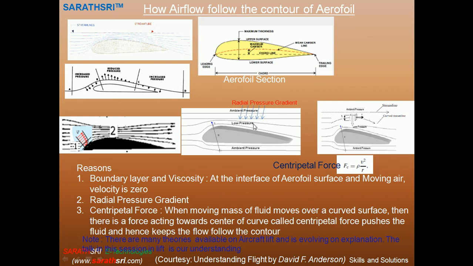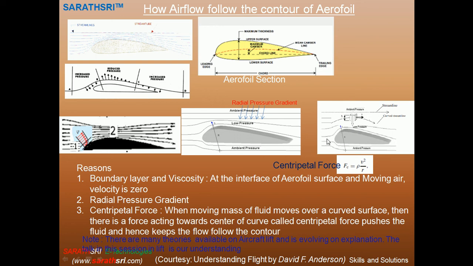When any fluid with mass changes its direction, there is a force involved. That force is the centripetal force. It pushes the fluid toward the center of curvature of this section. That's the reason a fluid with this velocity, pushed towards the curvature, will follow the contour of this shape.